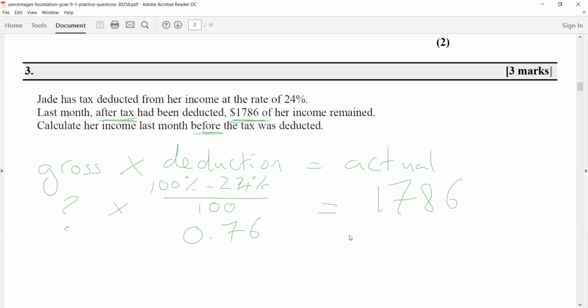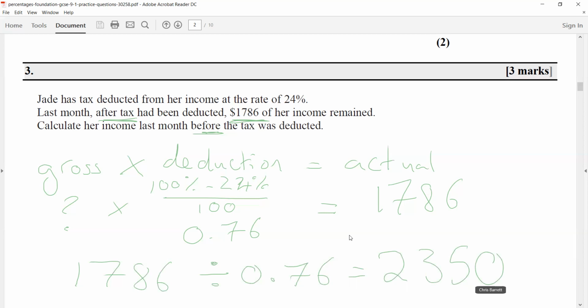What we've got to do now is work backwards, and this is called a reverse percentage. Okay, so this is where we then go backwards to find out what we need. So instead of multiplying, we're going to now do the inverse. So we're going to do 1,786, but this time divided by 0.76. Okay, this should now increase our actual money. So that now takes us up to 2,350.